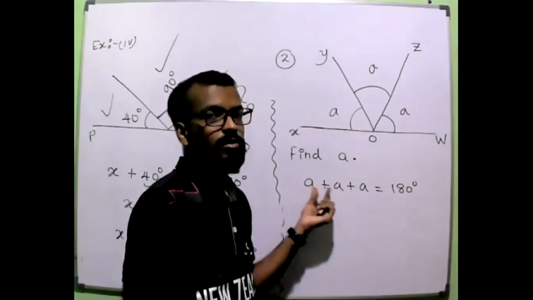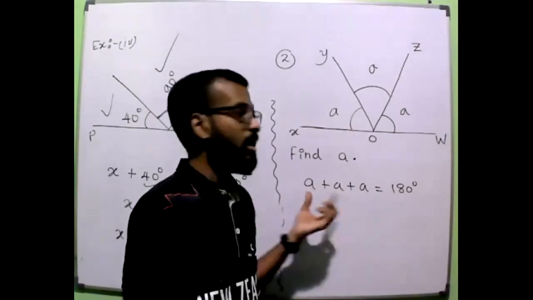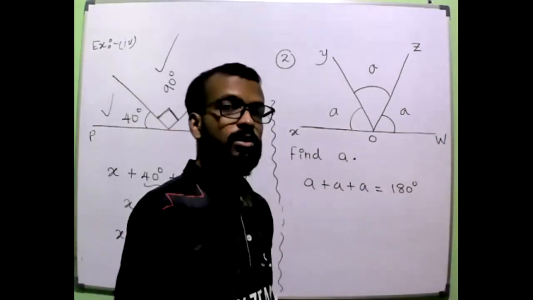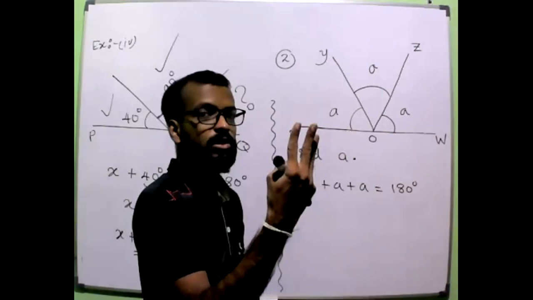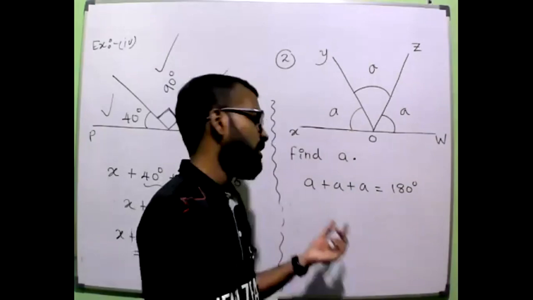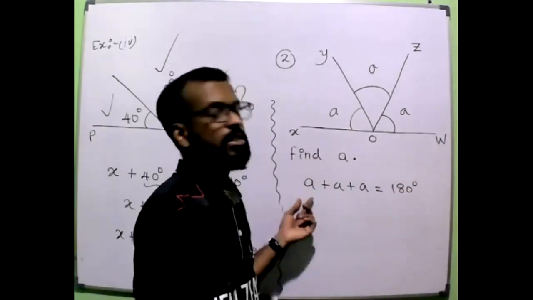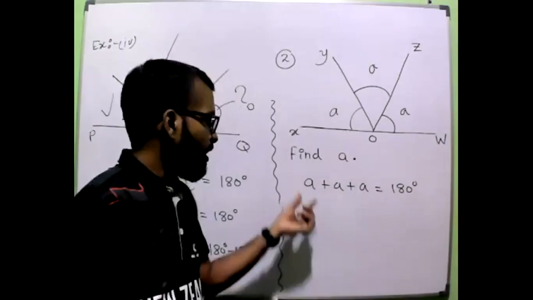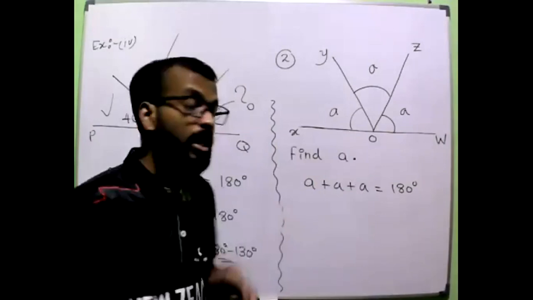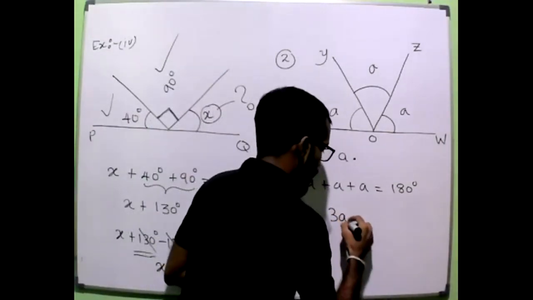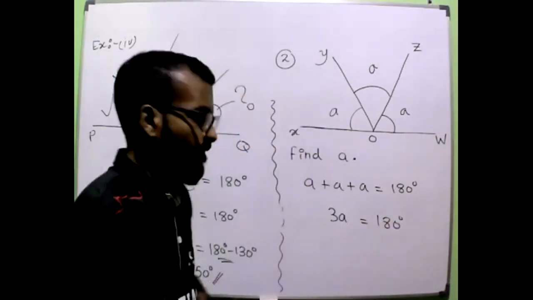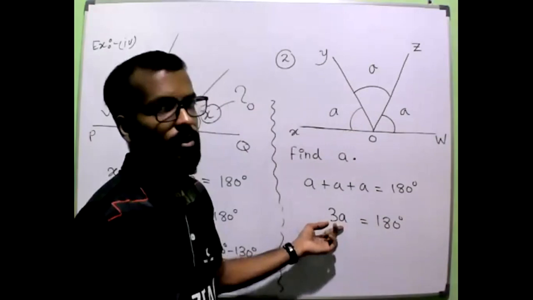No one can say I haven't done this lesson, how to add similar terms. Can you remember the oranges? Orange plus orange plus orange, 3 oranges. That means these are like terms. A plus A, 2A, 2A plus A, 3A, equals 180 degrees, right?